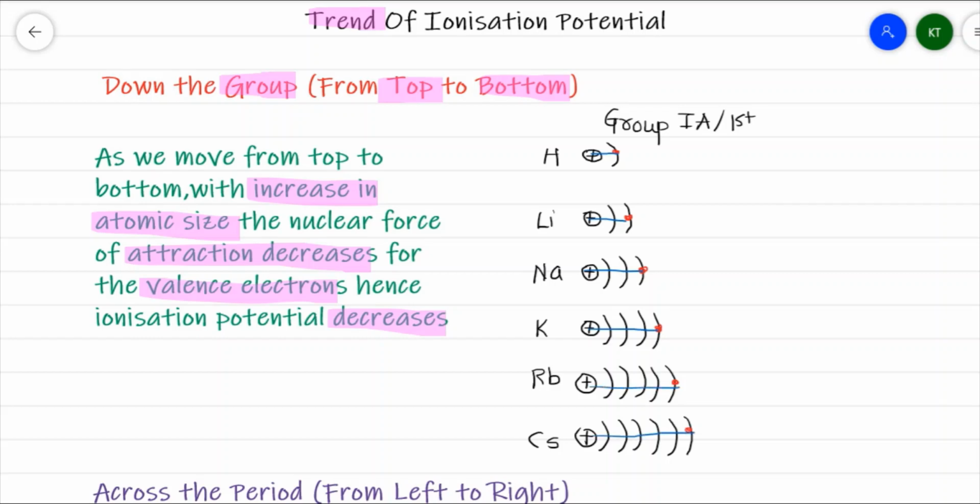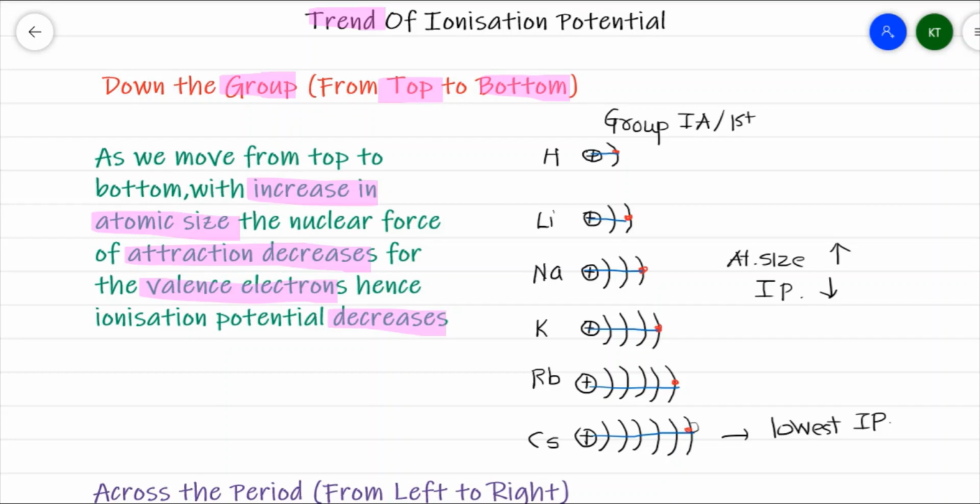As a result of this increase in atomic size, the energy required to remove this electron will decrease, so ionization potential decreases. Cesium will have the lowest value of IP because it has a larger size, and hydrogen has the highest value of IP because of its smaller size.